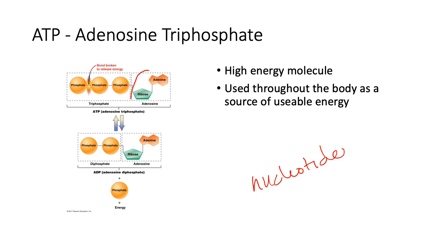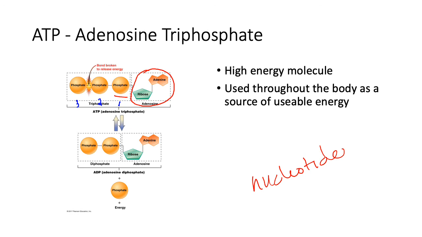So notice this portion is the same as the adenine we've seen on our previous slides. And this nucleotide, instead of being attached to one phosphate, is attached to 3 phosphates. And actually, I'm going to number those in. So 1, 2, and 3 here.